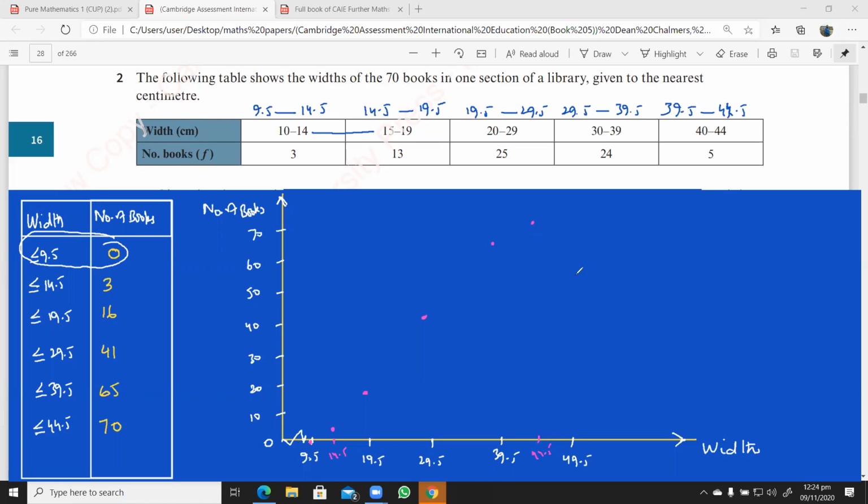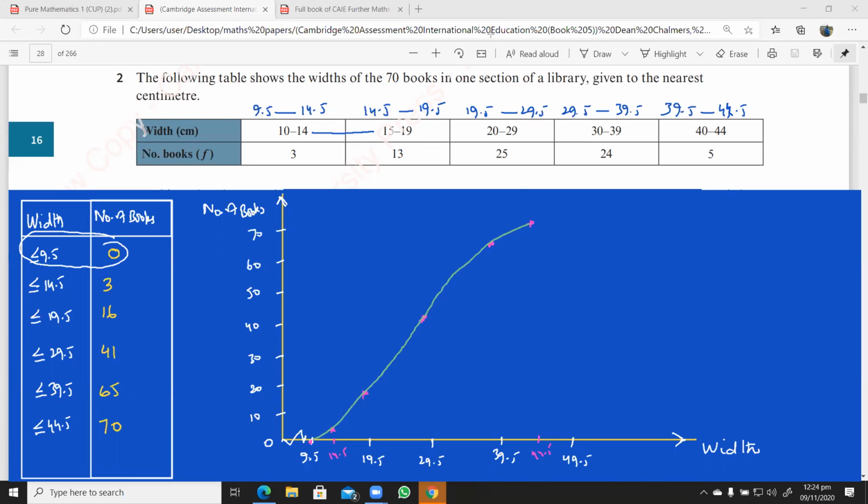If I had to draw the cumulative frequency curve, that would be a freehand curve. Let me use a different light color here. So that would be going like this. That is a cumulative frequency curve. Suppose you had to draw a cumulative frequency graph, or sometimes it's called a cumulative frequency polygon.